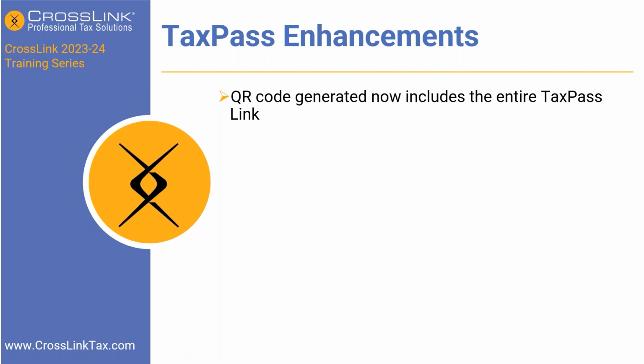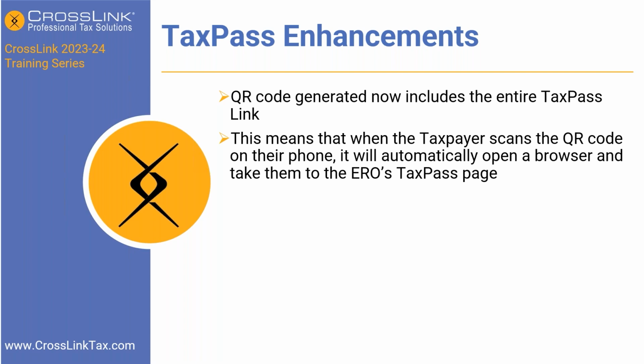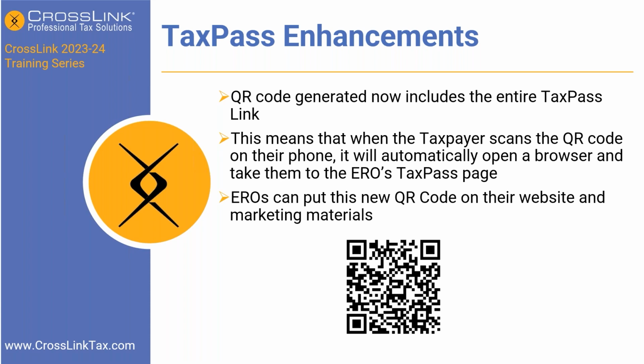So now we have implemented the QR codes so that when they are scanned, it will populate the taxpayer's unique URL. You can save the QR code image, put it on your marketing material, and when your taxpayer scans it, it's going to bring them right to your TaxPass page where they can submit a tax return to your office.